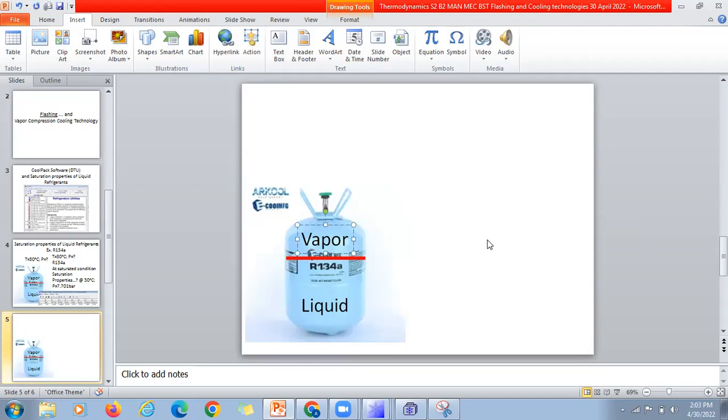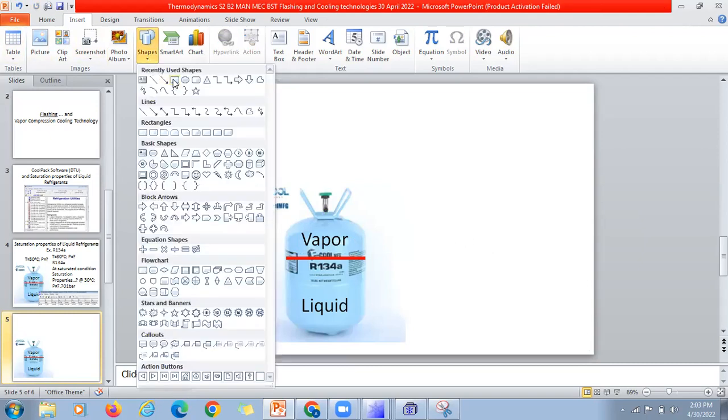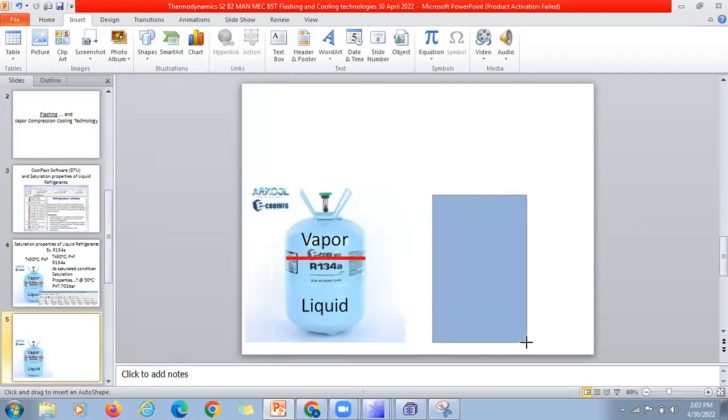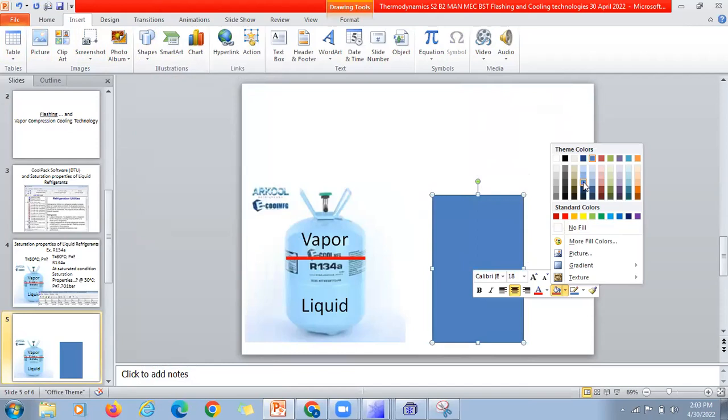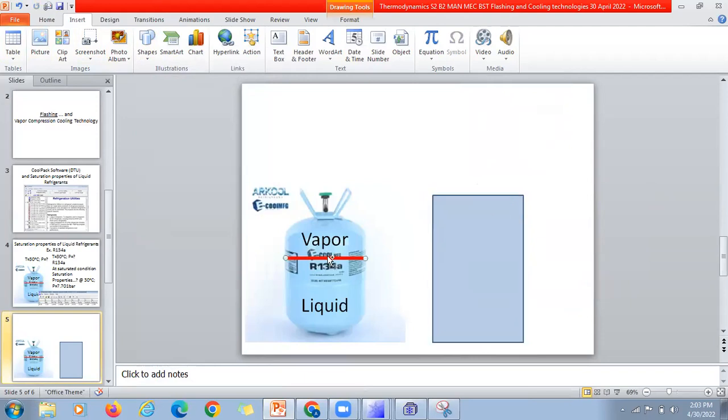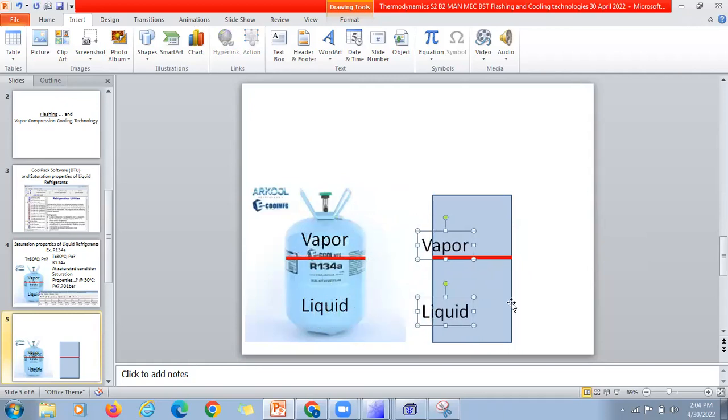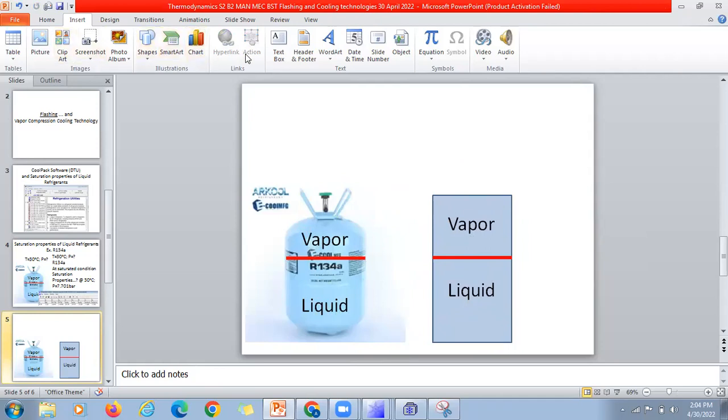Above the red line is vapor. Vapor and liquid.